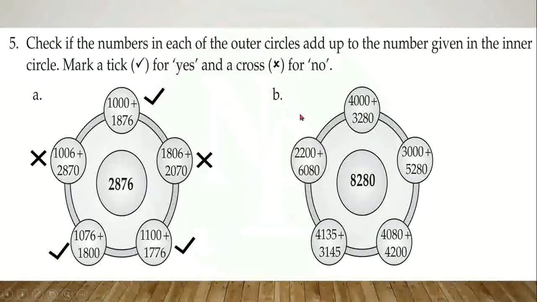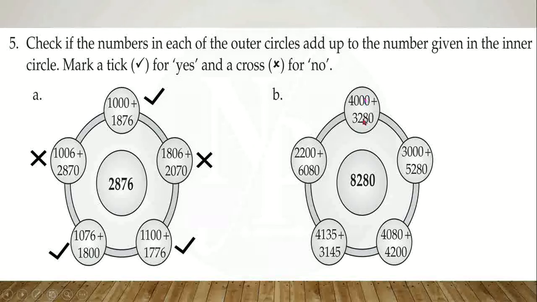Coming to B, again the instruction is the same, the numbers given are different. The number given at the inner circle is 8280, and if you look here we have 4000 and here 3280.